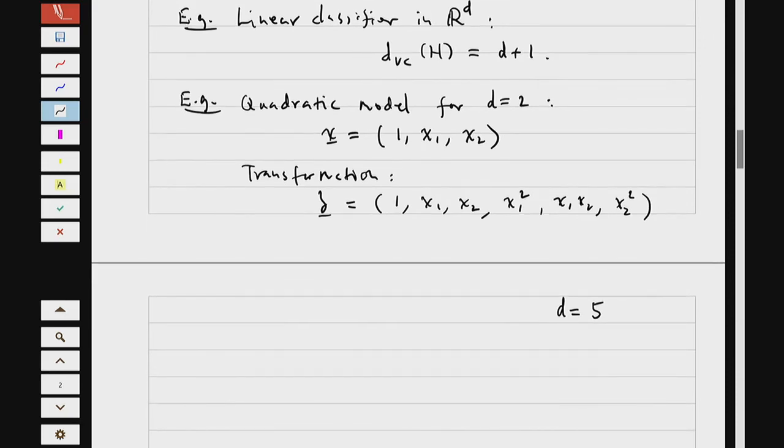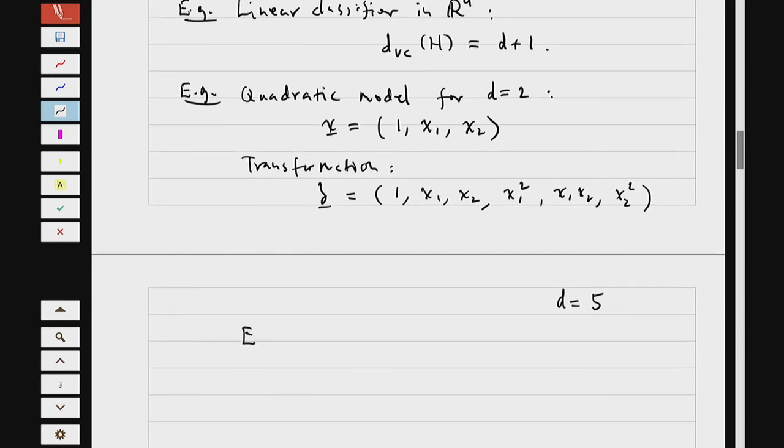Well, it turns out that this quadratic model for d equal to 2 is the same as linear classification for d equal to 5. And therefore, we know that the VC dimension is 6.